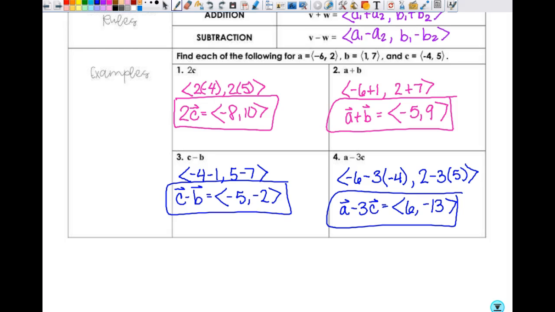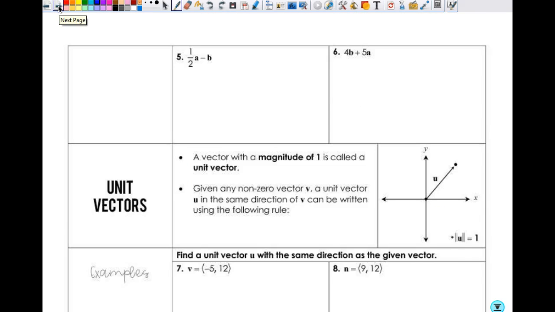What questions do you have? All of the questions. All right, let me work. Are we stuck on number 5? All right, let's do 5. I'll work through both of them. I got to see my A and my B here. So on this one, I'm going to get 1/2 times negative 6, minus 1, and then 1/2 times 2 minus 7.